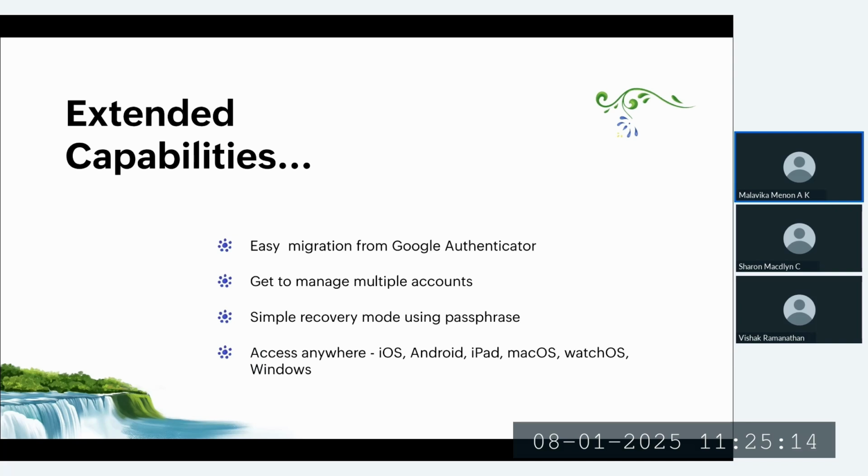If you have a passphrase, you can easily recover your account in OneAuth. It's widely available for your iOS, Android, iPad, and Windows machines as well. So these are some of the extended capabilities that OneAuth has got to offer to its customers.